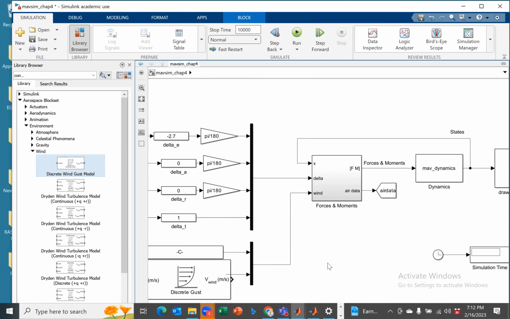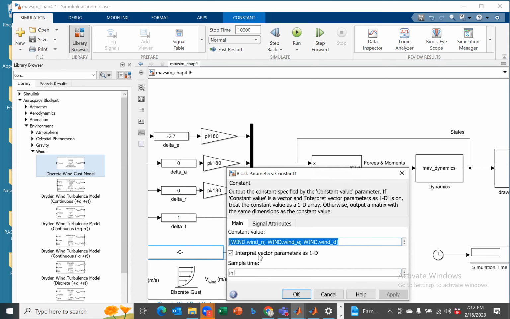Yeah, you will need this C block. So basically, if you click on this C block, let me see, wind north. Yeah, because this is wind N, wind E, and wind down. This structure requires this north, east, down wind. And this wind gust is going to give you U, V, and W.